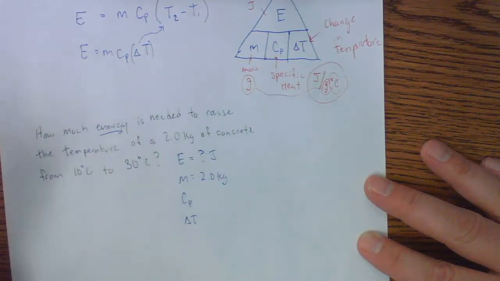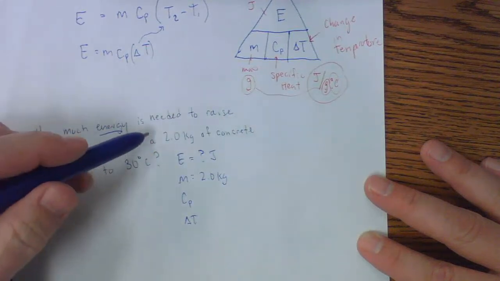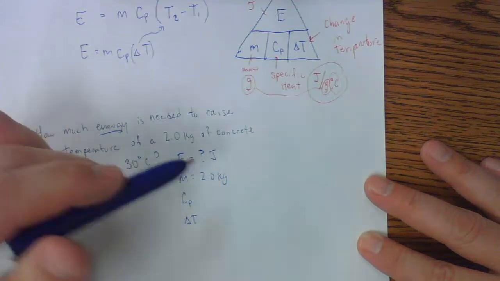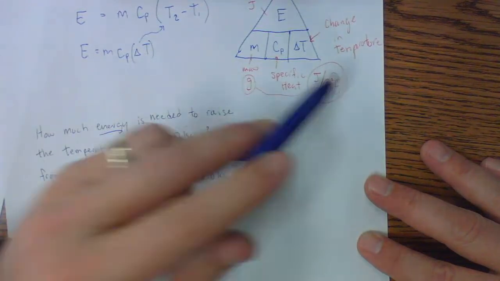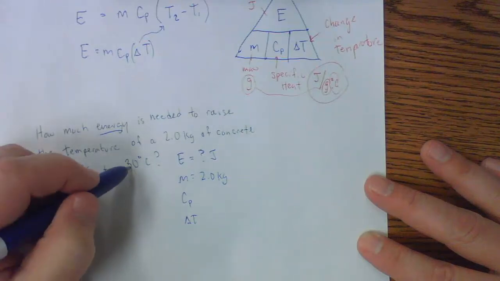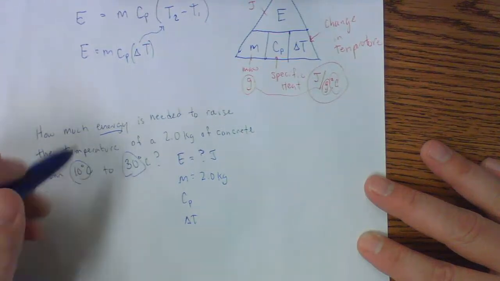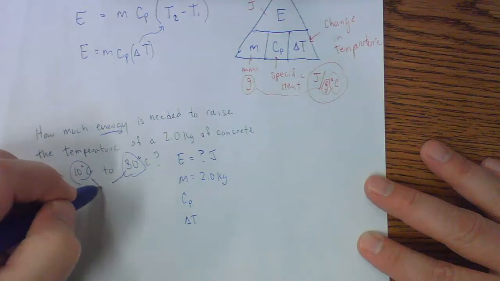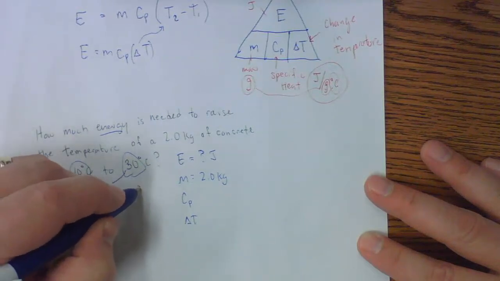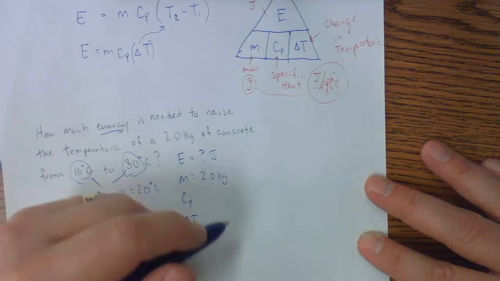So that kilogram is going to tell me I'm going to look for a specific heat in joules per kilogram degrees Celsius. Now, the change in temperature. I want to end at 30 and I wanted to start at 10. So the change is 30 minus 10, or 20 degrees Celsius.